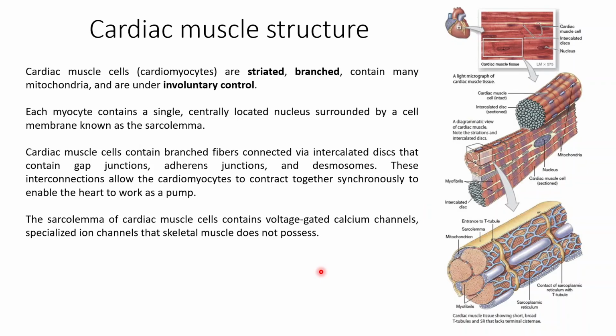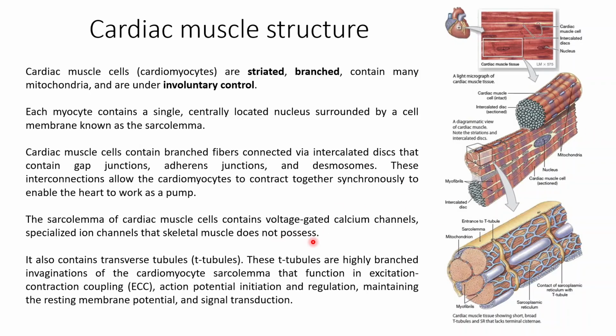Importantly, the sarcolemma, the cell membrane of cardiac muscle cells, contains voltage gated calcium channels. So they have these ion channels that are different from skeletal muscle cells. Skeletal muscle depends highly on its sarcoplasmic reticulum, whereas here you have a lot of calcium coming in from outside. And you also have these T tubules, or transverse tubules, which are very branched invaginations into the cardiomyocyte sarcolemma.